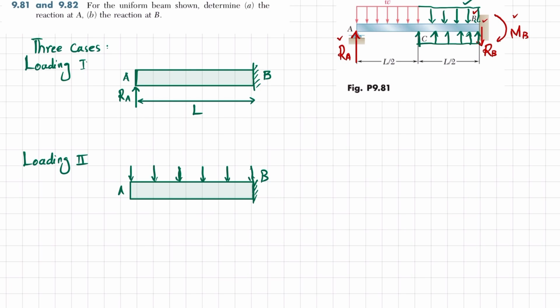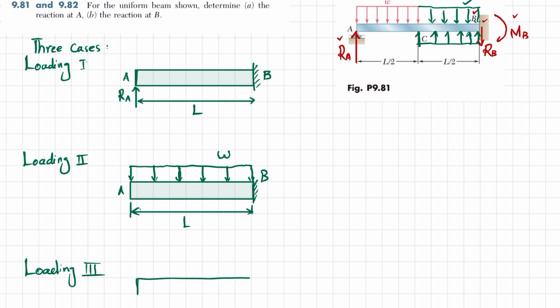We will draw all the cases and then we will solve them. If this is W, the total length of the beam is L. And the third, loading 3, will be like this. We will draw the same beam.